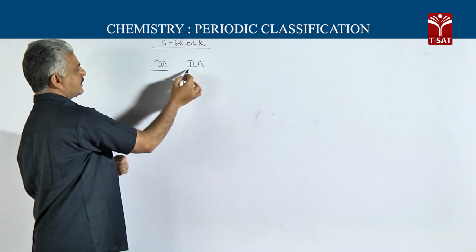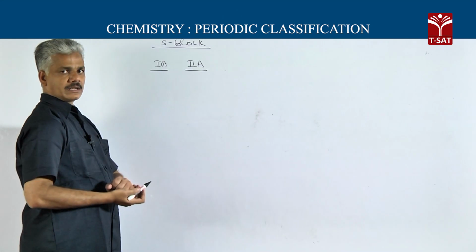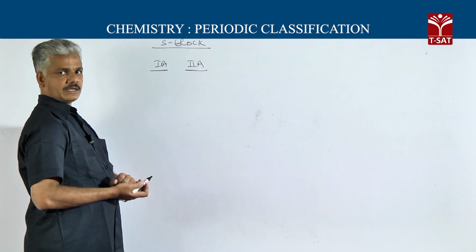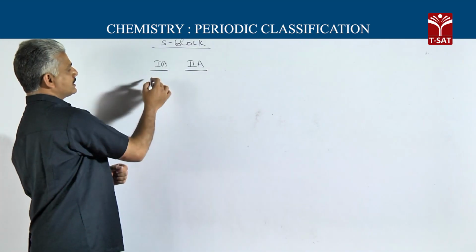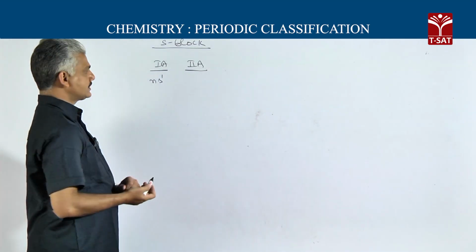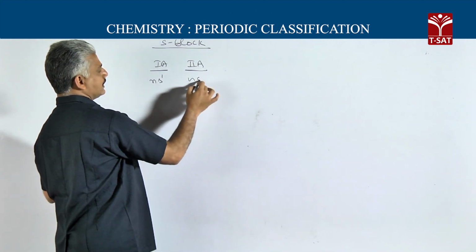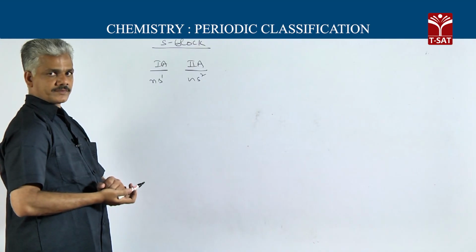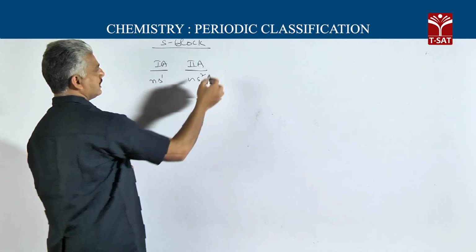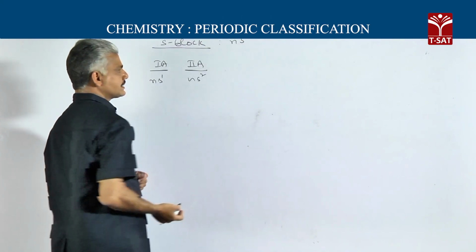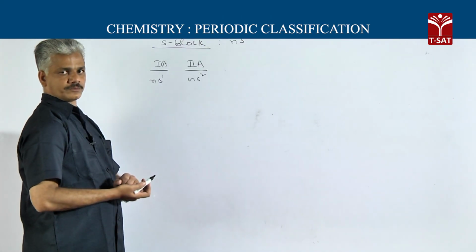The elements of 1A are called alkali metals, whereas 2A are called alkaline earth metals. The general electronic configuration of 1A group elements is NS1, and of 2A group elements is NS2. That is why the general electronic configuration of S block elements is written as NS1 to 2.